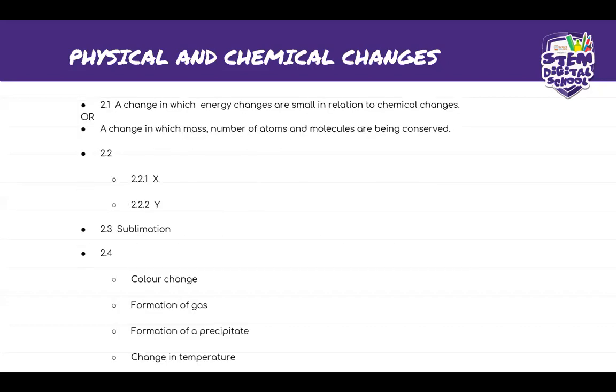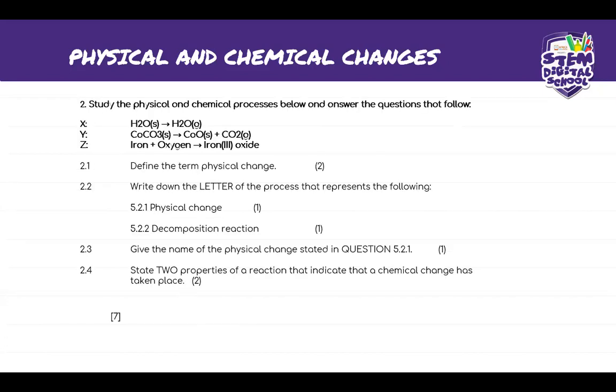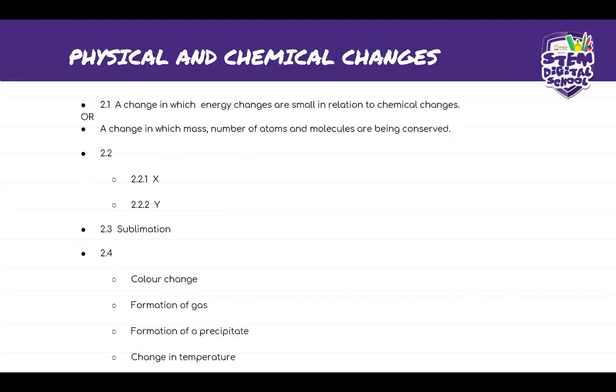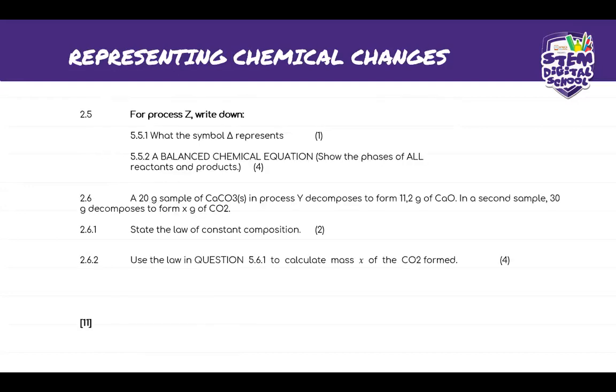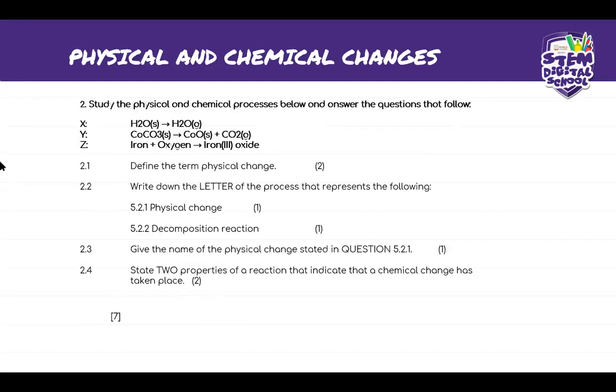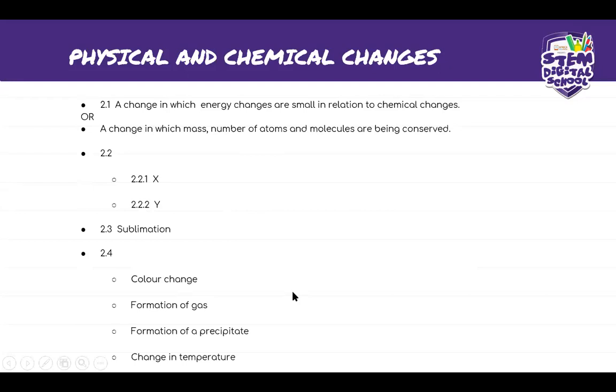Okay. So this is our two properties of a reaction that indicate that chemical change has taken place. You can choose any two from the color change, formation of a precipitate, change in temperature, etc. So number 2.5 says for process Z, which is iron plus oxygen gives you iron oxide, which is Fe2O3.